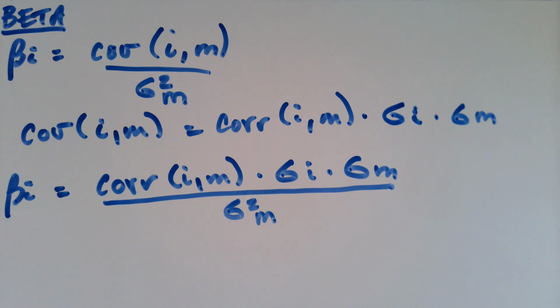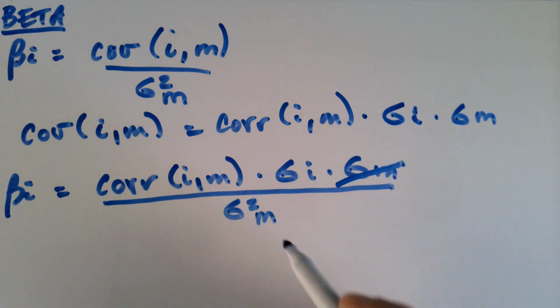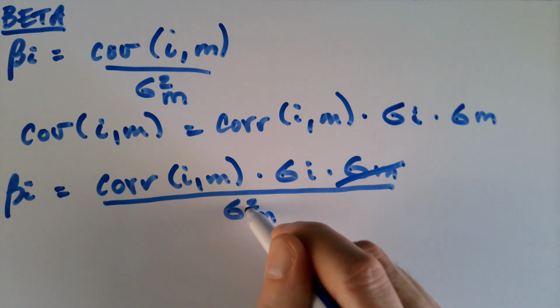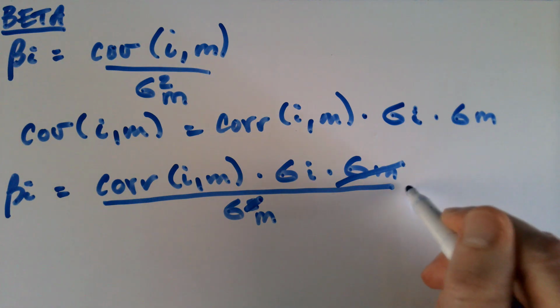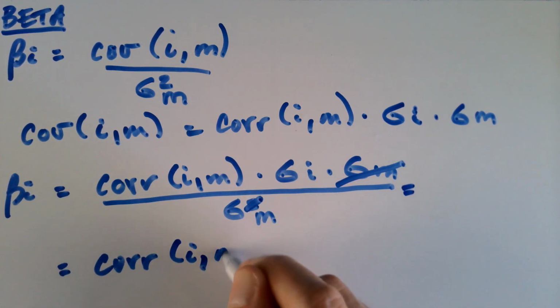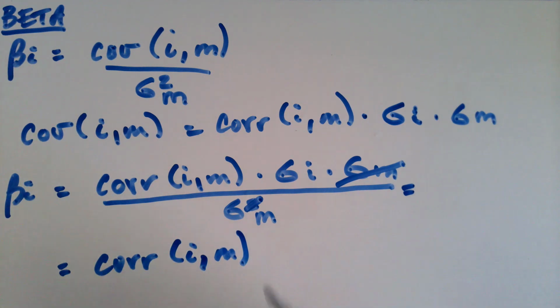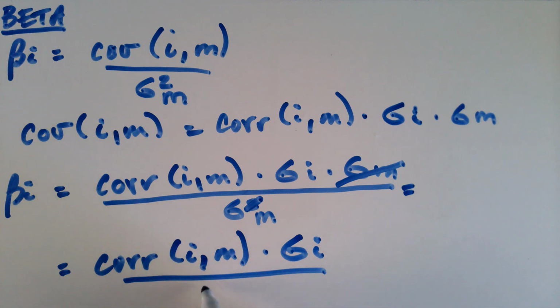Now we can do a bit of canceling because we have standard deviation of the market here and we have variance of the market here. So I'm just going to mark out the two. And when I am done, I have correlation of the stock with the market times the standard deviation of the stock divided by the standard deviation of the market.